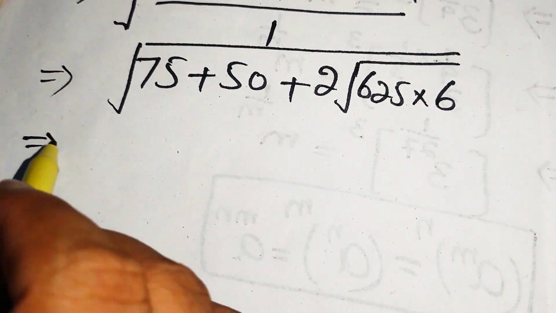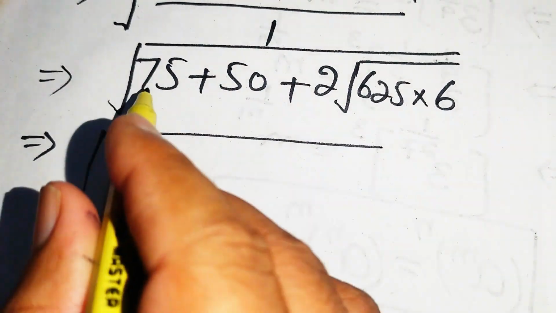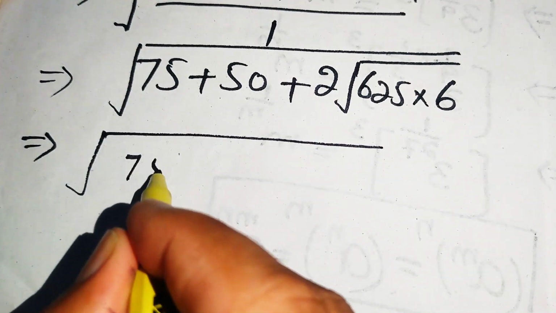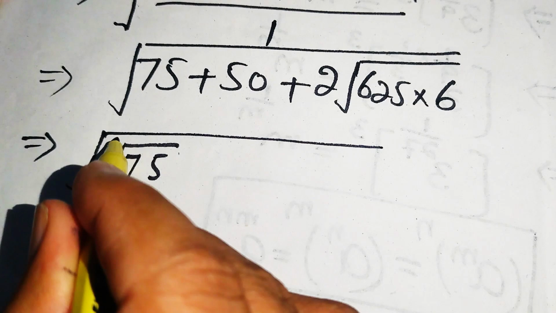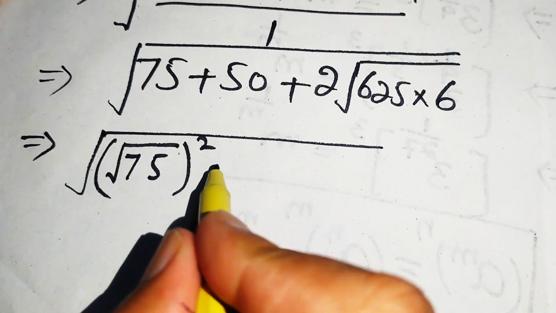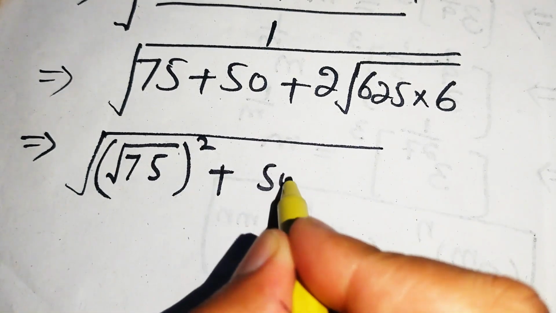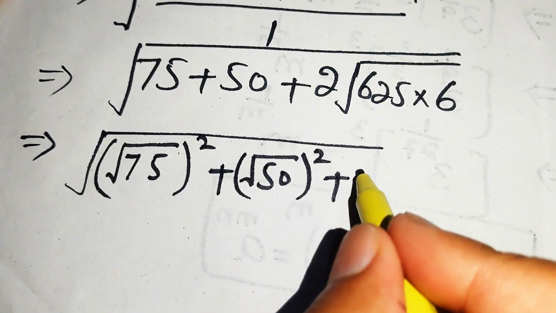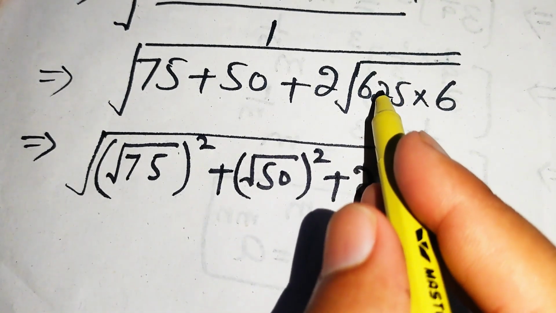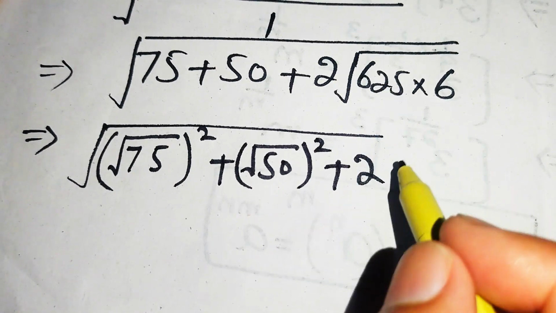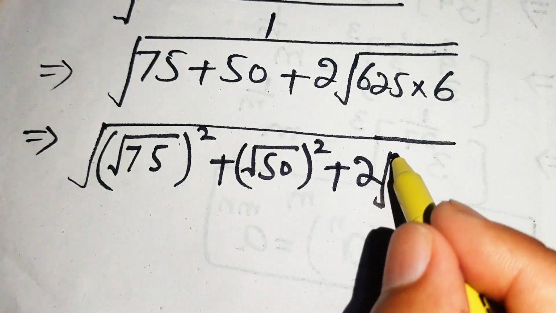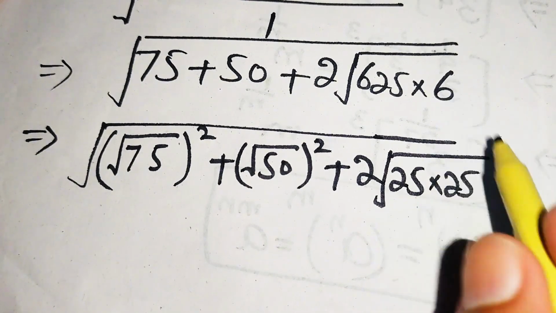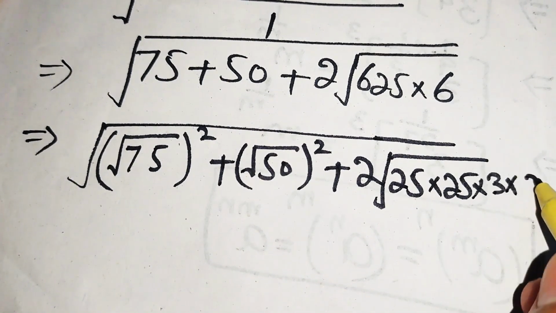After that, we write this 75 as the square root of 75 squared, plus 50 as the square root of 50 squared, plus 2 times the square root of, where we write 625 as 25 multiplied by 25, and we write the 6 as 3 times 2.